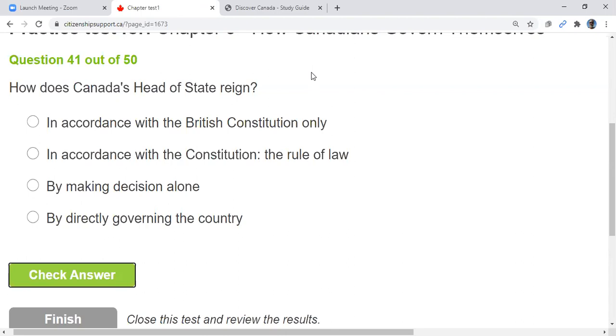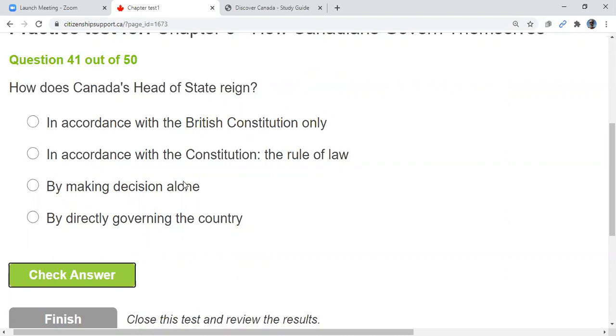That's what it means to reign, making decisions alone and governing the country. Maybe number one, British Constitution? No. Okay, so just this part here is okay.